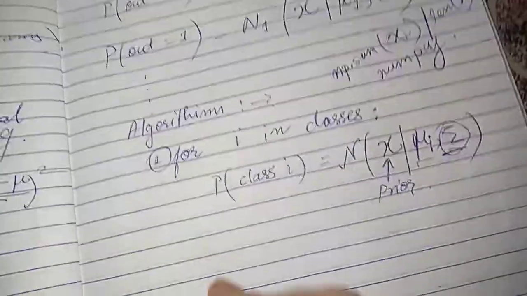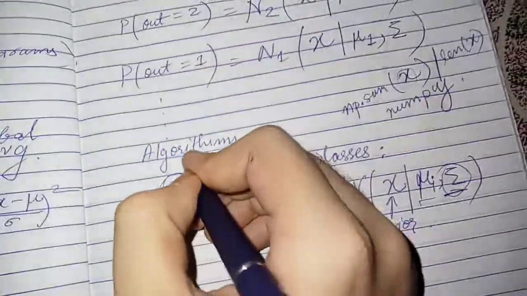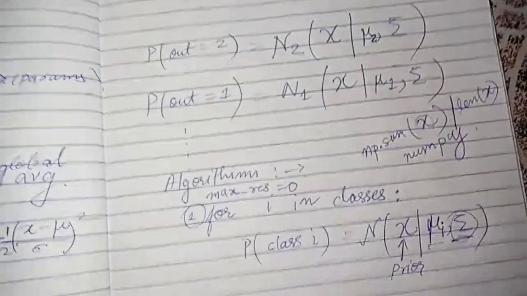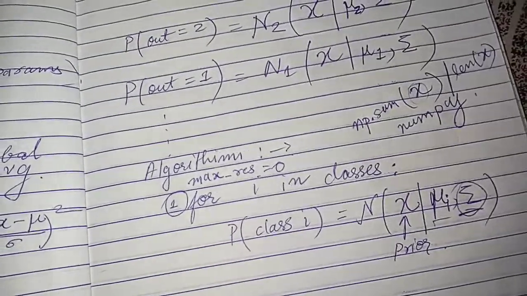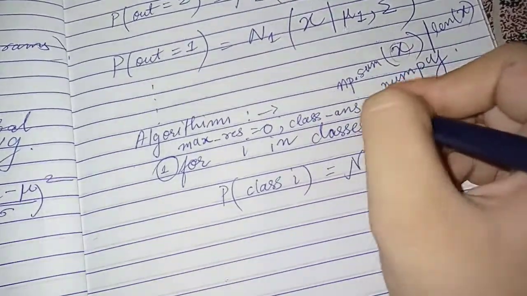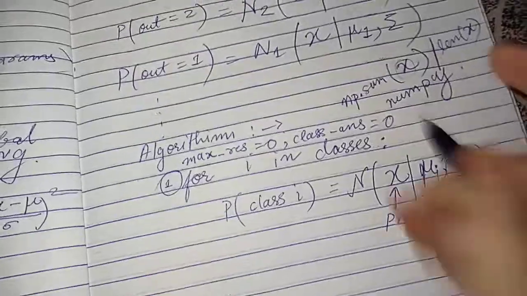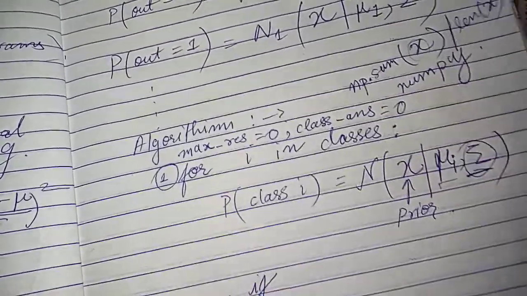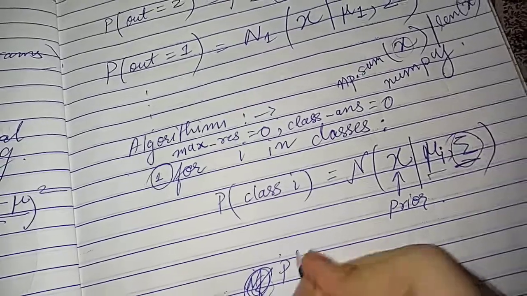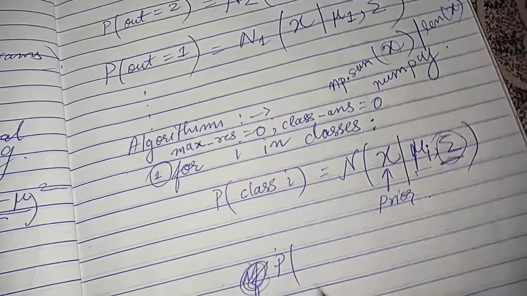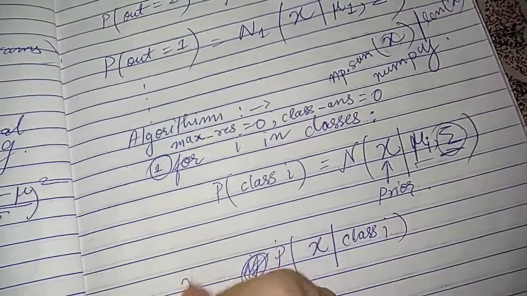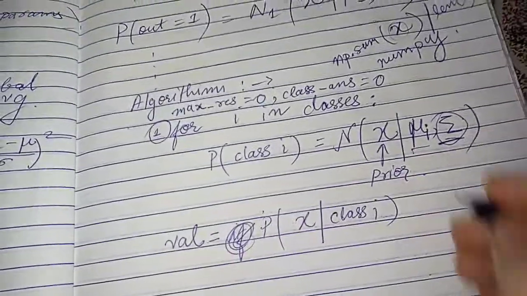So now what you do is that here you set max res equals to 0, in this case, for example, and class answer is also equal to 0, initially. Now you need to compute this value.